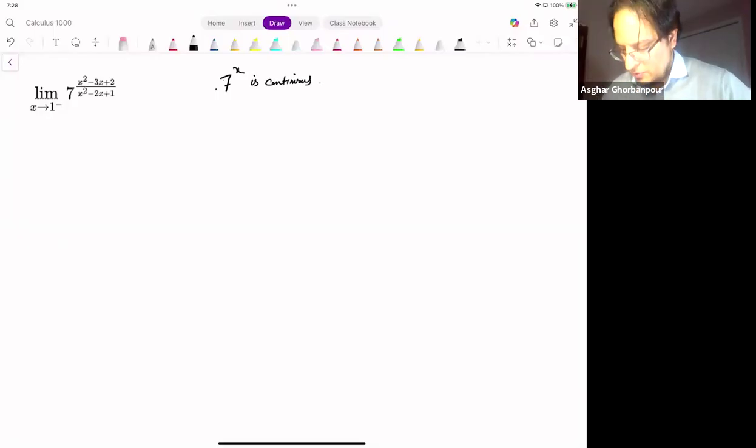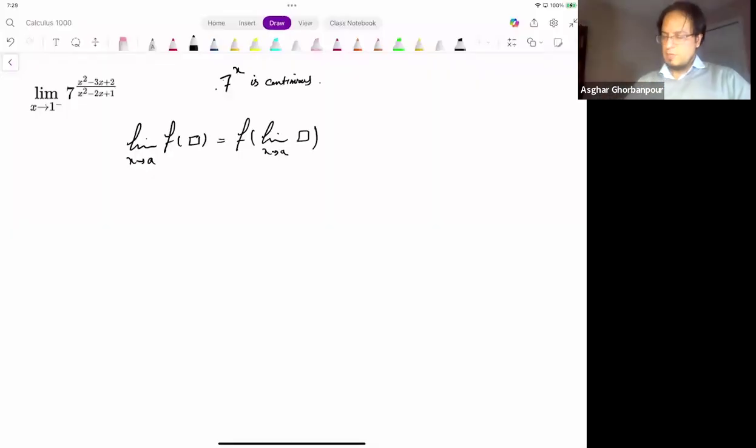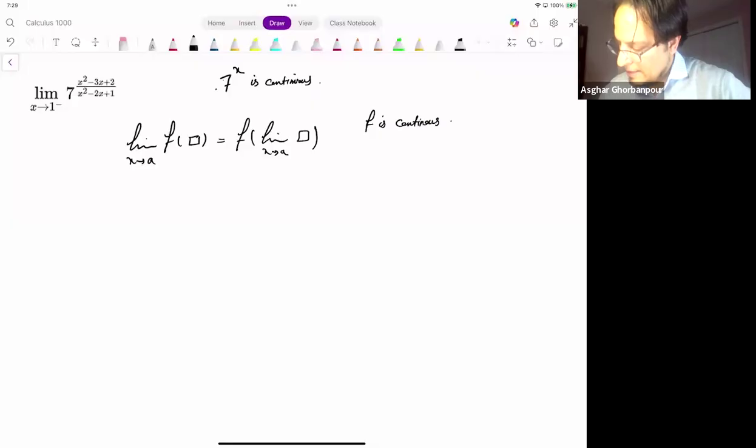When you deal with continuous functions, the limit of f of box as x goes to a is equal to f of the limit of box as x goes to a, when f is continuous at the limit of box as x goes to a.